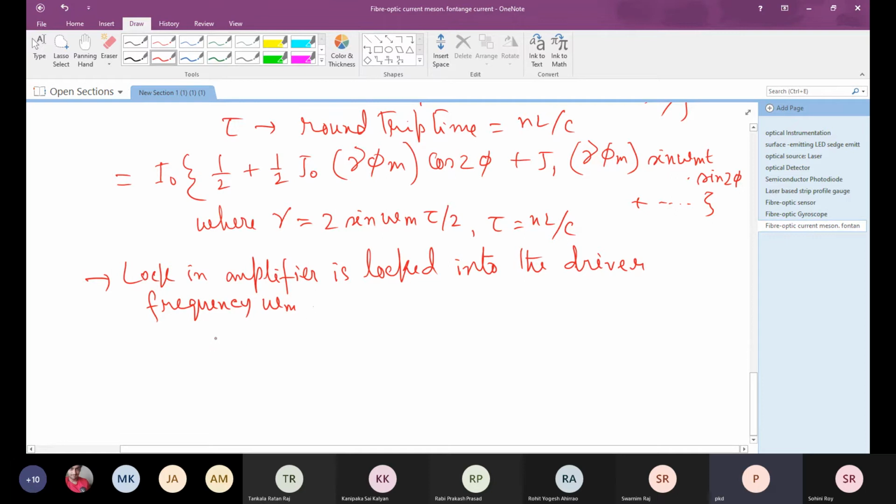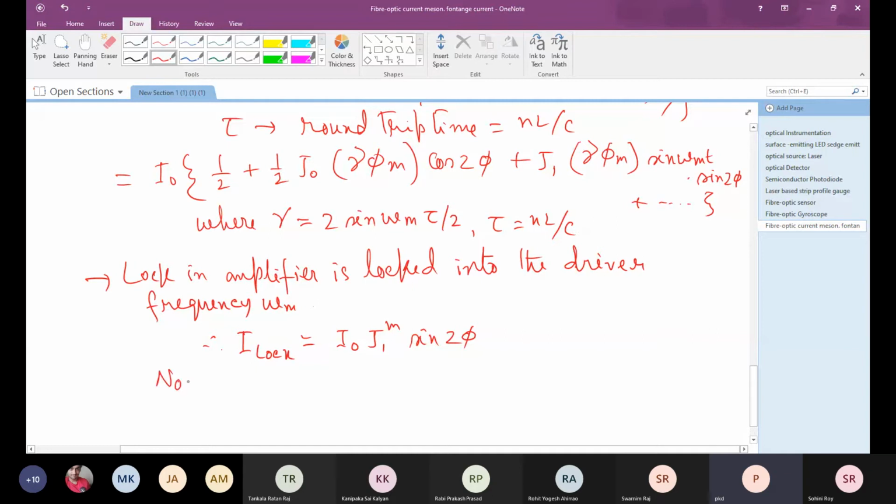So therefore I lock will be I0 J1 of eta phi m, that is equal to J1, the Bessel function of the first kind, with eta phi m, sine of 2 phi.